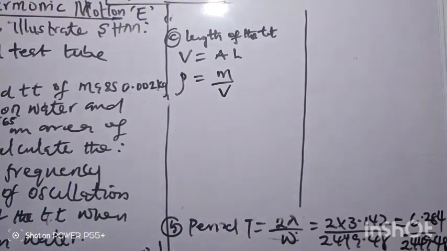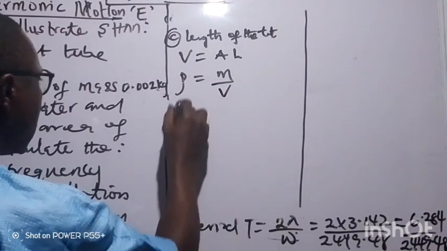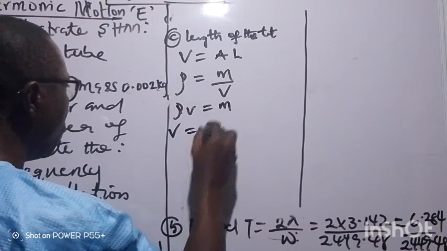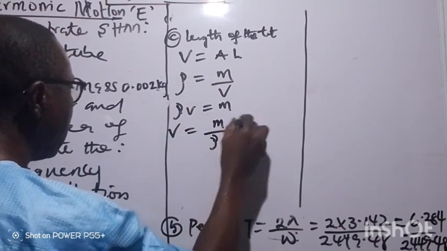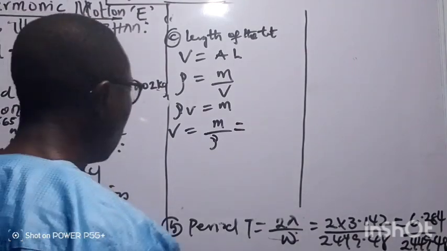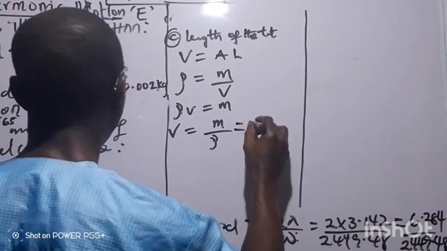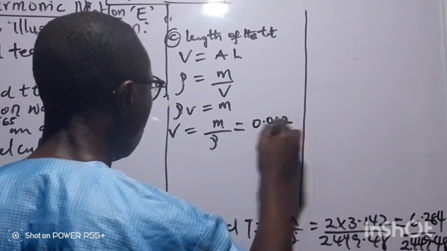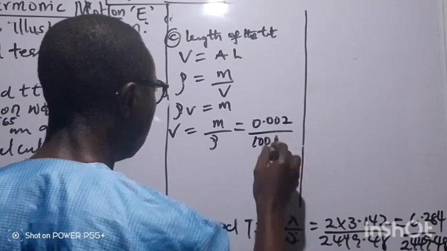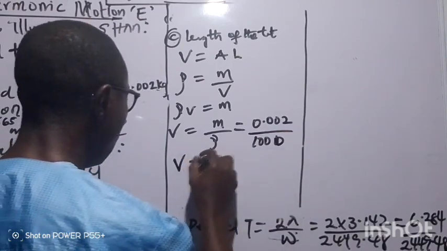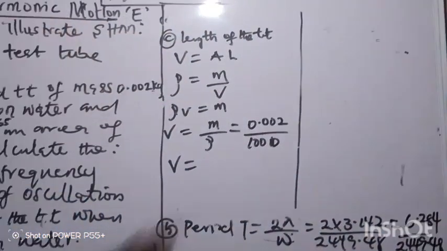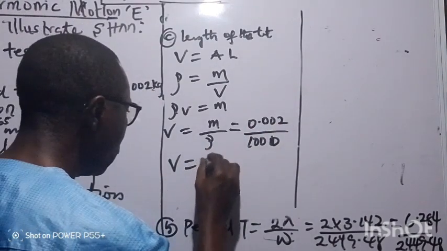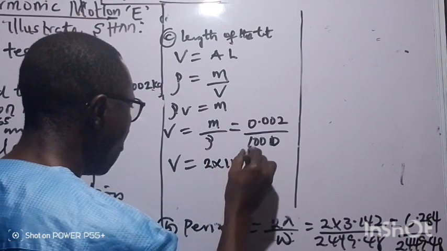So density multiplied by volume is equal to mass. Volume will be equal to mass over density. And the mass that is given for us is 0.002 divided by 1000. So the volume will now be 0.002 over 1000, which will give us 2 times 10 raised to power minus 6 meter cube.